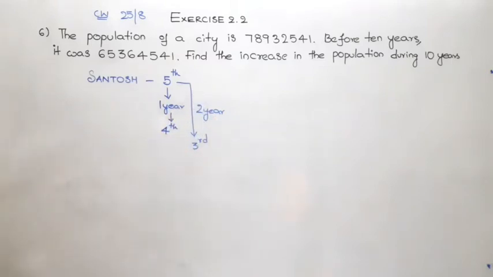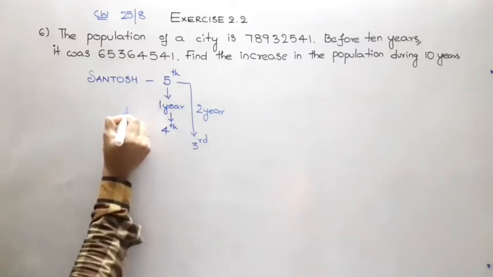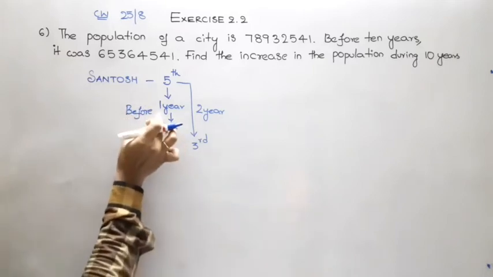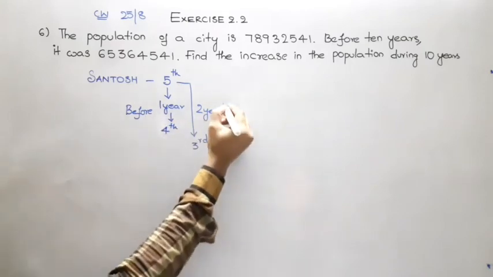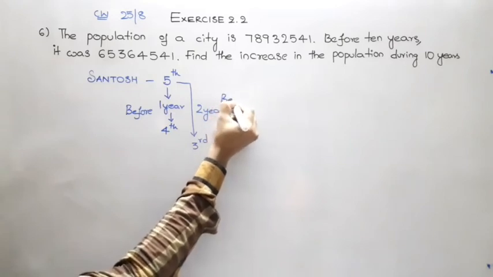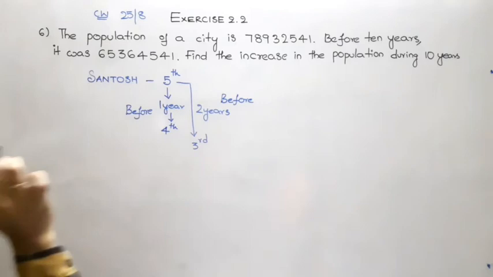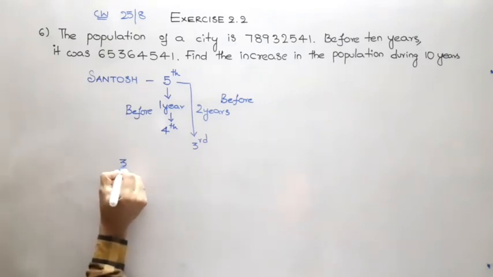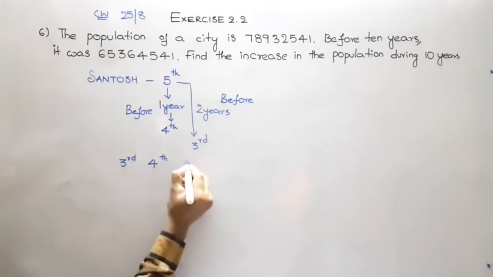Now look, before 1 year he will say 4th, and before 2 years he will say 3rd class. Now look, 3rd class, 4th class, 5th class.